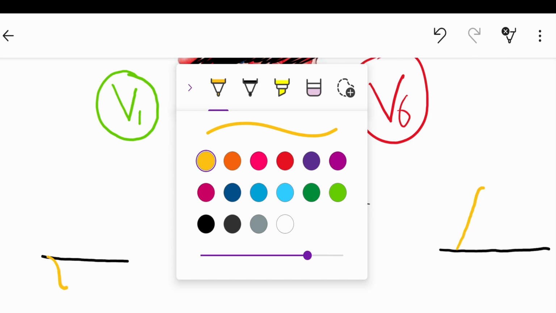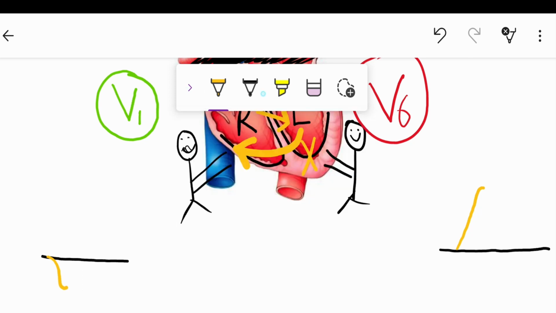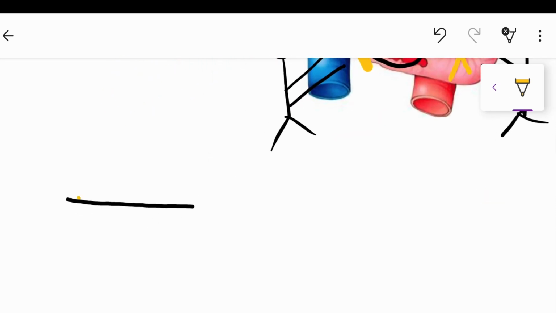So the positive deflection, you may not be expecting this, to be honest. I don't know why it's very short, but let me just show you anyway. So remember, we got that negative deflection from the septum. You only get a little bit of a positive deflection. This is your positive deflection here.